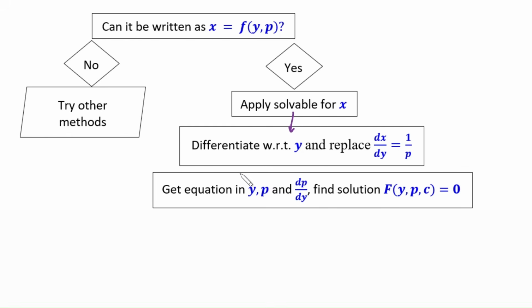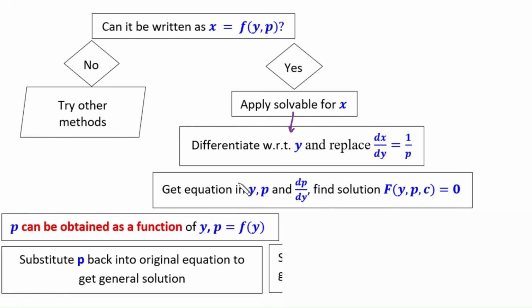From this stage, two cases arise. The first case is we can explicitly find the value of p in terms of y. If you can do so, then substitute the value of p back into the original equation to get the general solution.